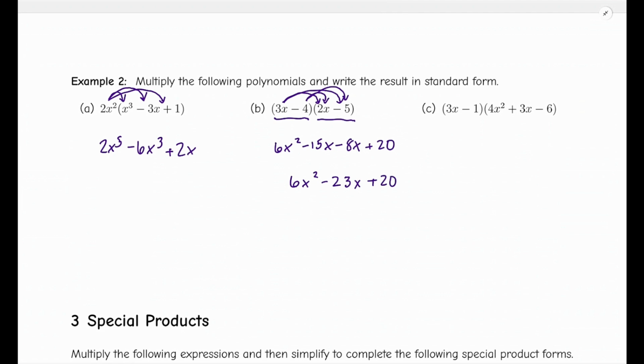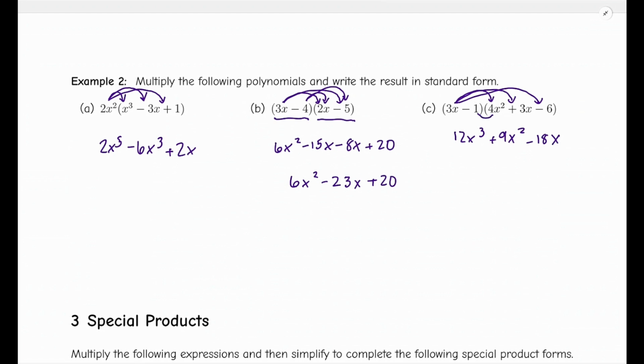And finally, part C, we have (3x minus 1) times (4x squared plus 3x minus 6). So 3x times 4x squared is 12x cubed. 3x times 3x is 9x squared. And then 3x times negative 6 is negative 18x.